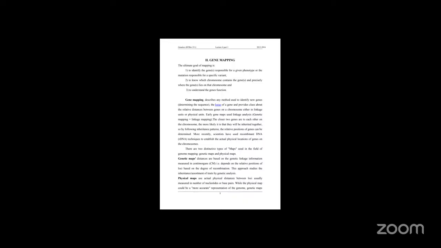The genetic map is based on genetic linkage information, always measured in centimorgans, and depends on the position of the loci based on the degree of recombination. Whereas the physical map uses the physical distances between the loci, usually measured in the number of nucleotides or base pairs. They say the physical map is a more accurate representation, whereas the genetic map is not that accurate.